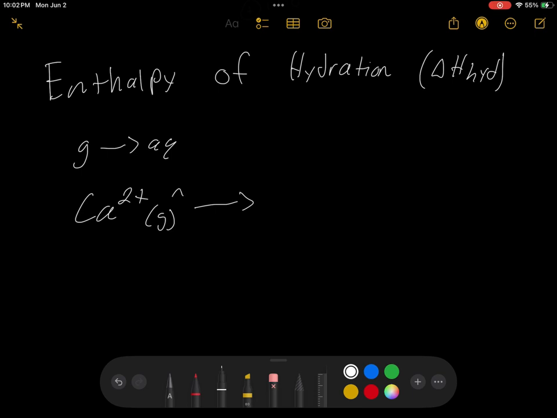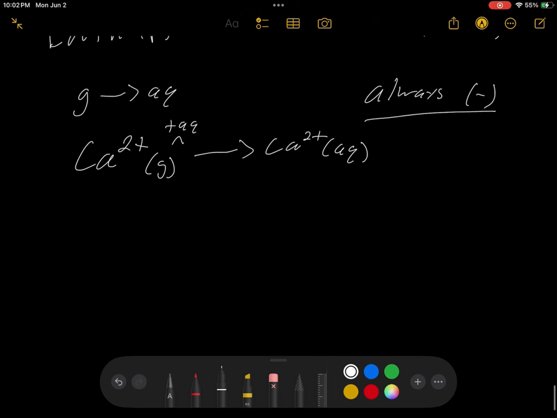And once again, you could denote this by writing the plus AQ, or you could just write it straight out. These reactions are always exothermic. Because think about this, right? Gases have more energy than liquids. In gases, particles move more freely, more rapidly. So we're going from lots of energy to less energy. So we have a negative change. Exothermic, right? Cool.